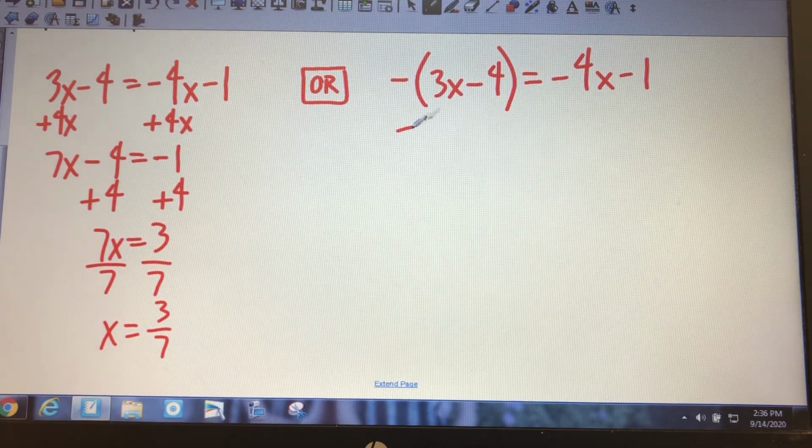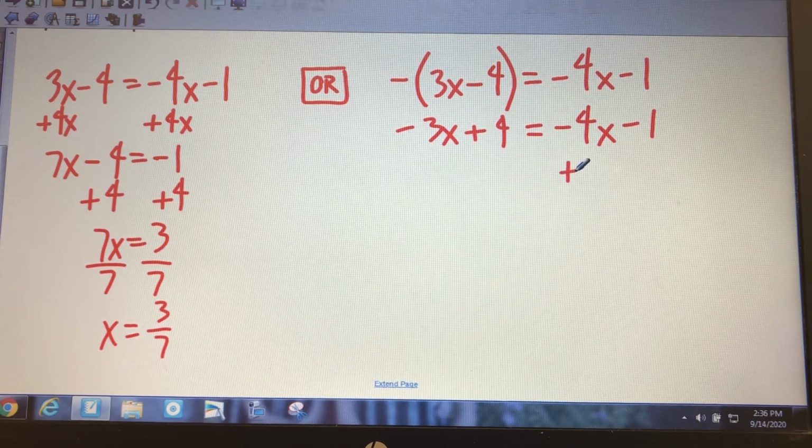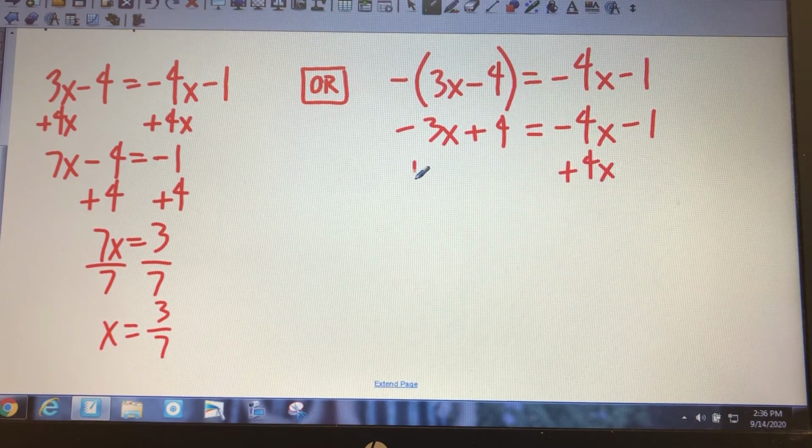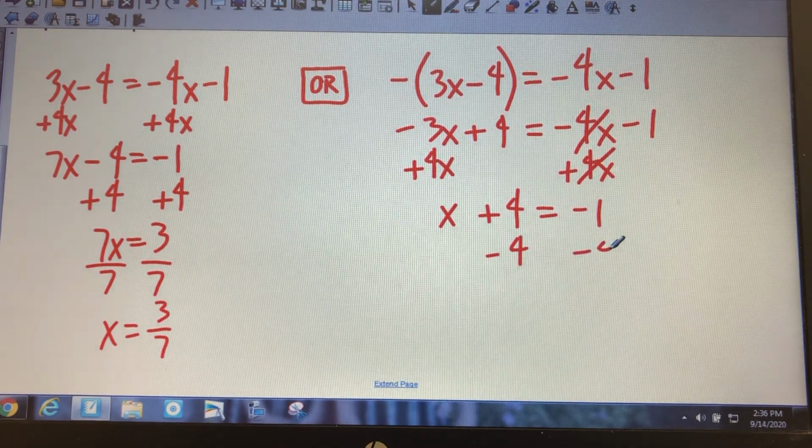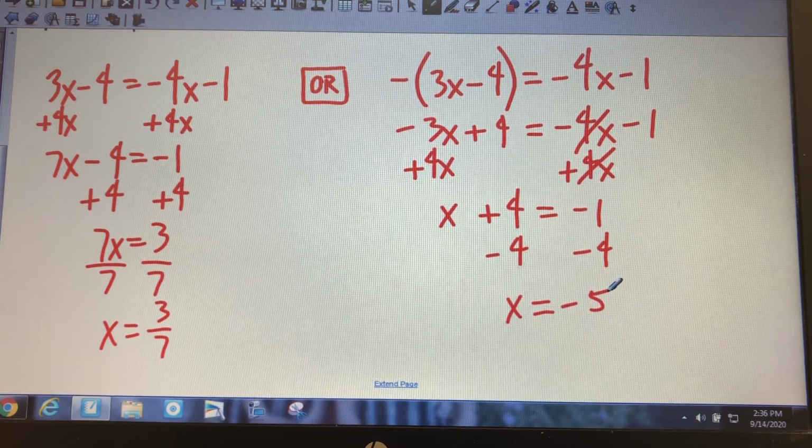So now over on the other one, you distribute first. Distribute your minus sign. Now we need to get our x's together. Remember, with equations, whatever you do to one side, you must do to the other. Okay, so there you have it. x equals -5 or x equals 3/7.